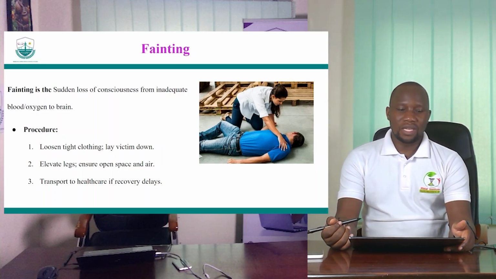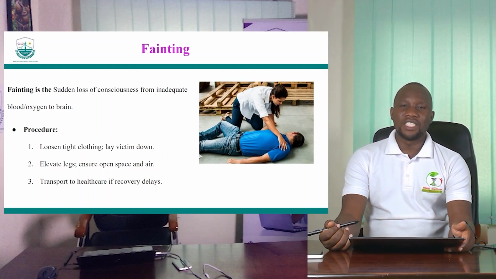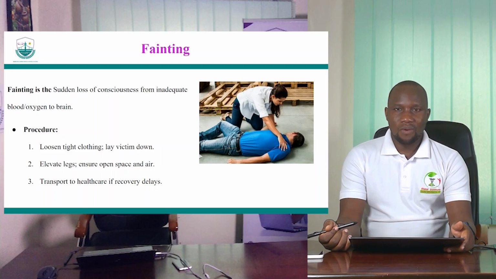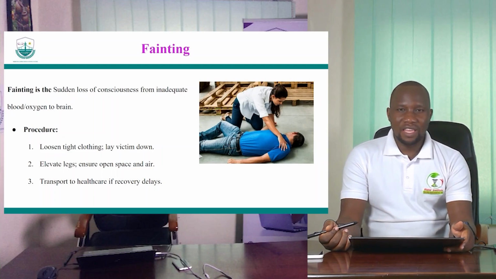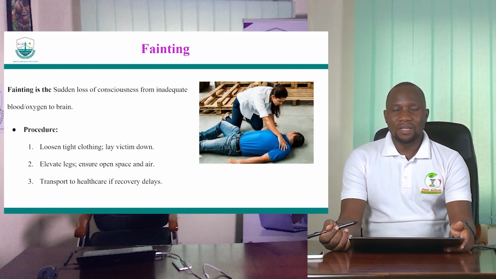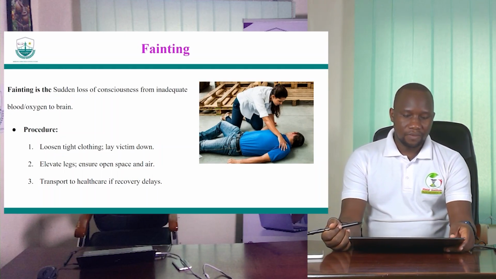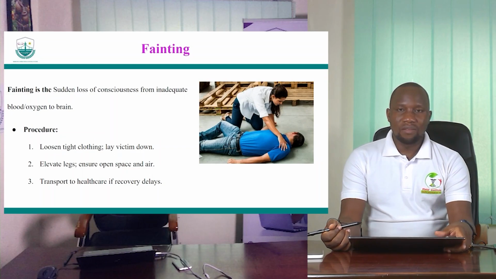So someone can actually faint because they have not eaten. This is because they don't have enough glucose. The brain requires glucose to function, and if it does not receive the glucose, you can easily lose consciousness. So loosen the person's clothing, elevate their legs, and transport them to the health facility as soon as possible.